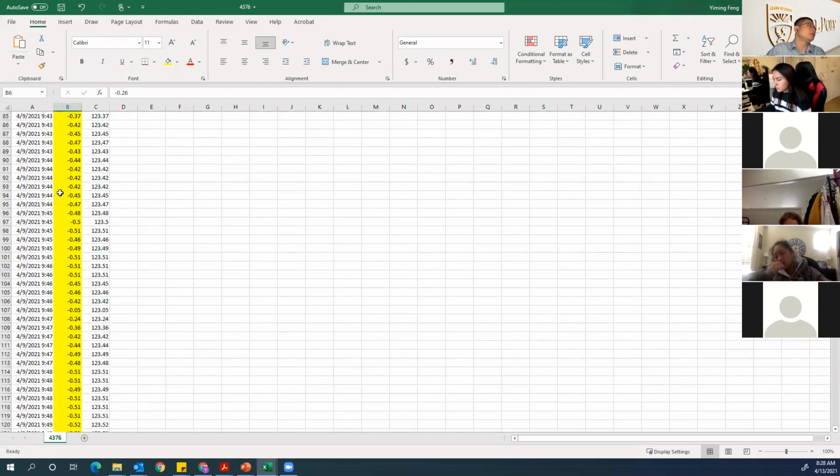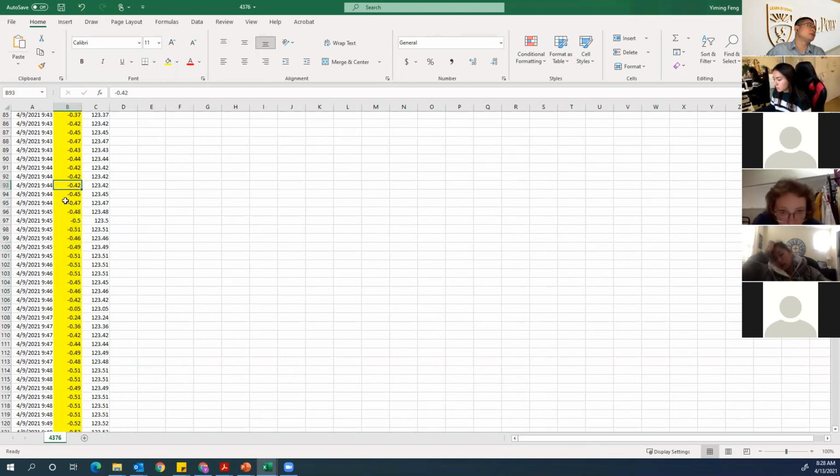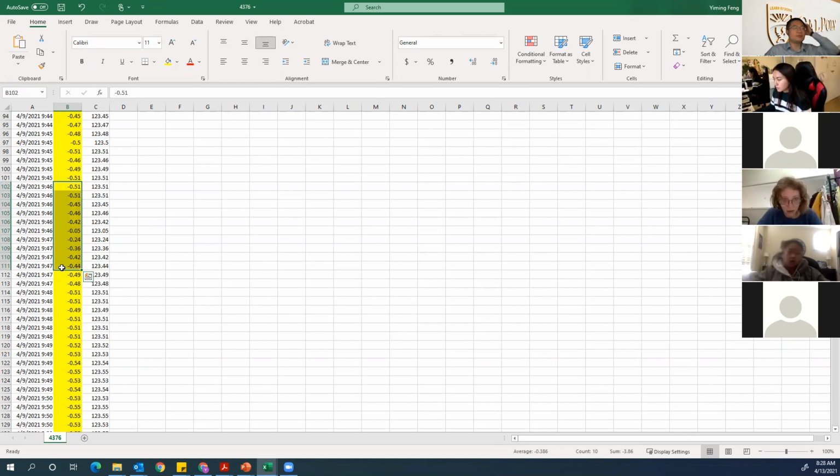You can see it's about 0 degrees C. It should be 0, but I think there's some calibration issue, because we immersed this data trace into water, so this should be 0. That's why our final temperature is a little bit off.